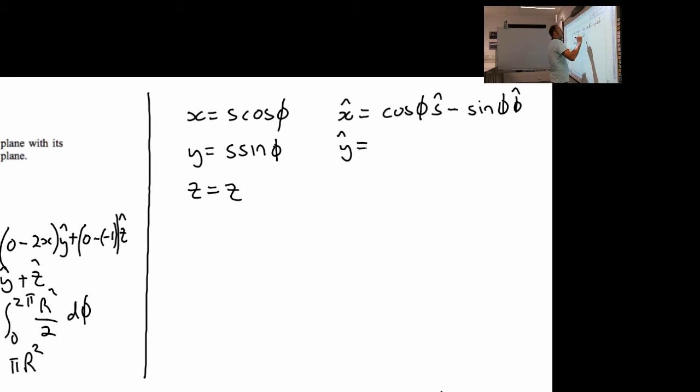What about x hat or y hat or z hat? So x hat is going to be equal to cos phi s hat minus sine phi phi hat. Y hat, now all of these you can find in Griffiths, is equal to sine phi s hat plus cos phi phi hat, and z hat is equal to z hat.